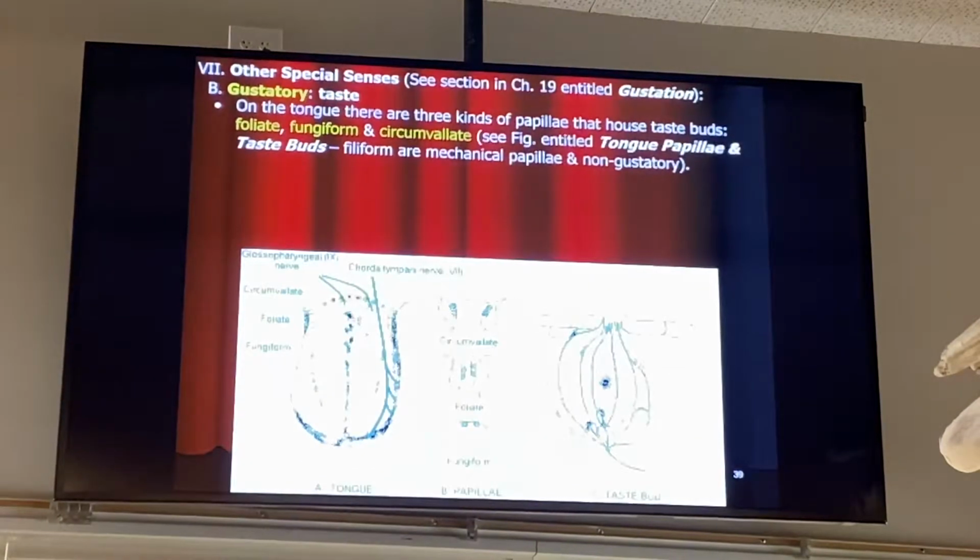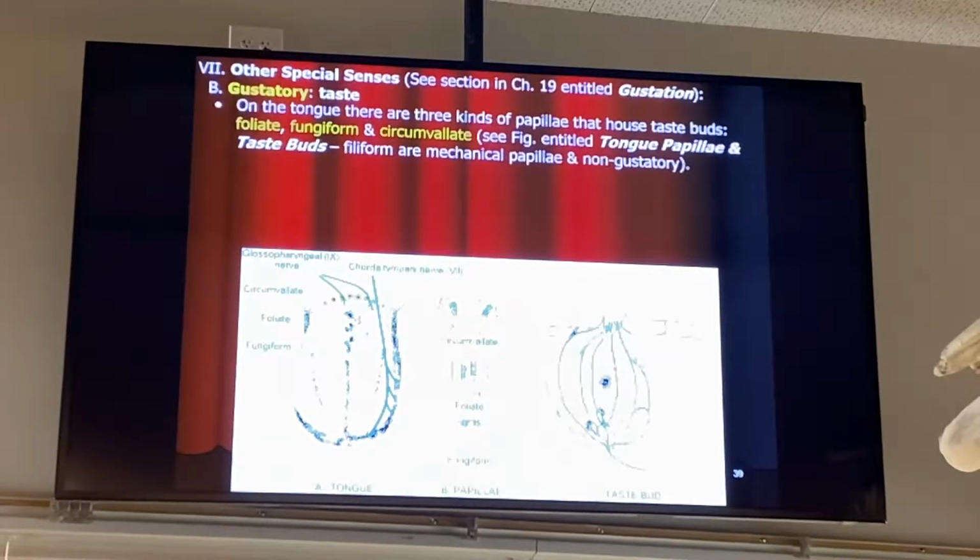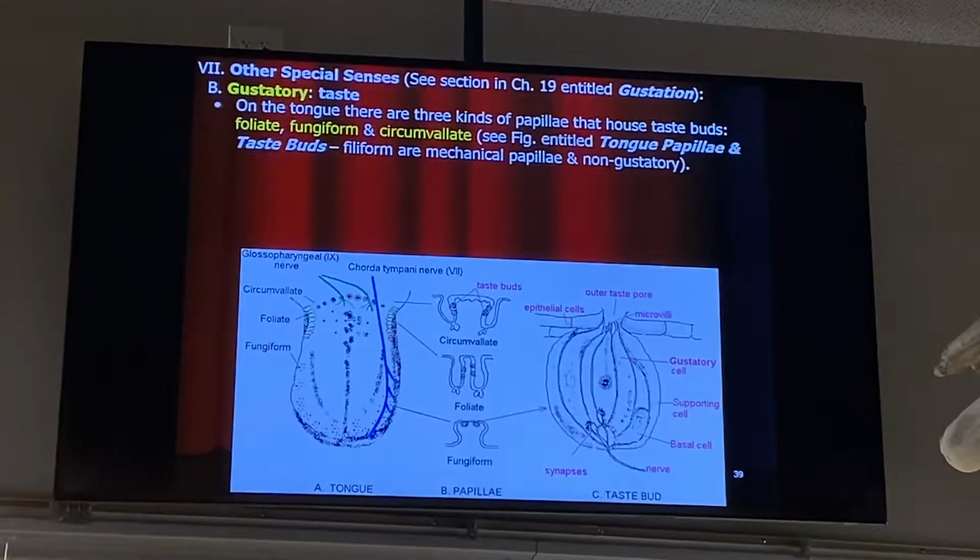Okay, so I'm just going to concentrate on the gustatory pathway off the tongue. These taste buds are found in the crevices around these bumps on the tongue called lingual papillae. There are 4 of them, but notice only 3 are highlighted. Those are the ones with taste buds.